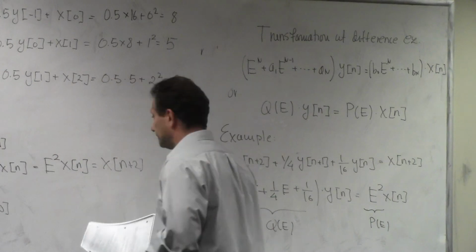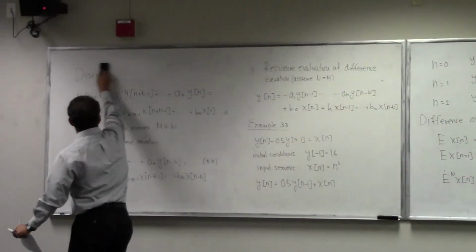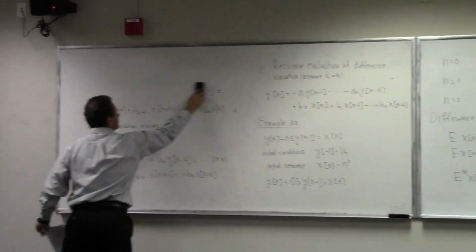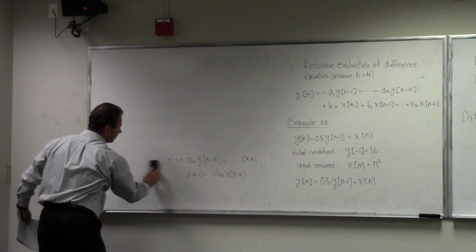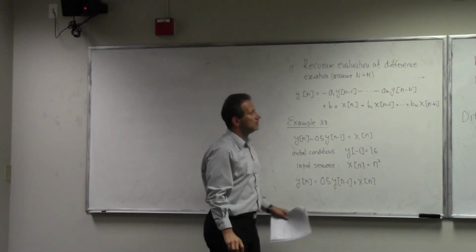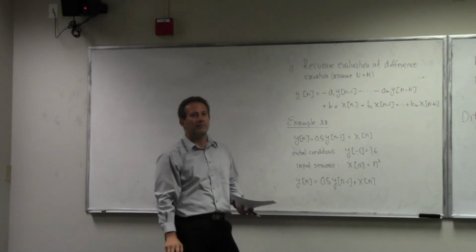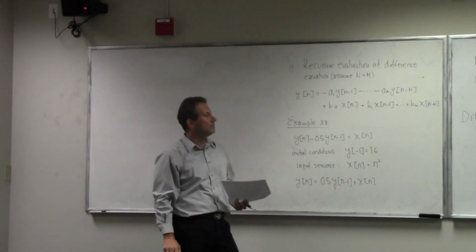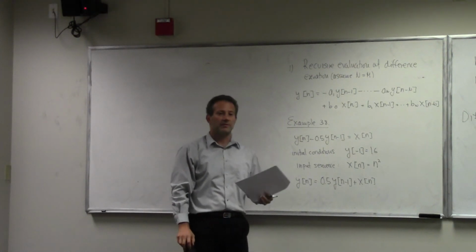Now, let's narrow our attention to linear systems and discuss the response of a linear system. And our goal here is not going to be the same as the goal we had in the continuous case. I mean, it's going to be similar, but not exactly the same. Where do they differ?